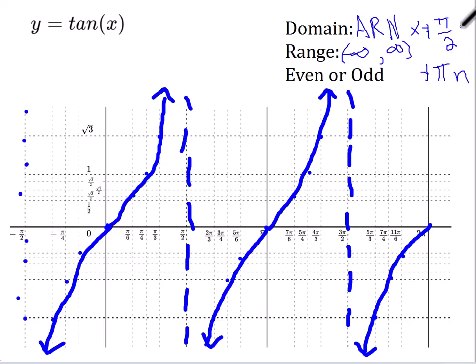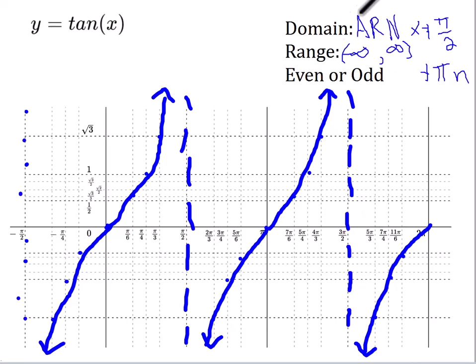What n means here is that we're taking x cannot equal pi over 2 plus all of the things that are 1 pi away, or 2 pi away, or 3 pi away, or 4 pi away, or 5 pi away. So it's at pi over 2, negative pi over 2, 3 pi over 2. The next one would be 5 pi over 2, and then 7 pi over 2, and then 9 pi over 2. We're going to keep adding a whole pi, or 180 degrees, to get to the next one, and that's where the next asymptote is going to be.